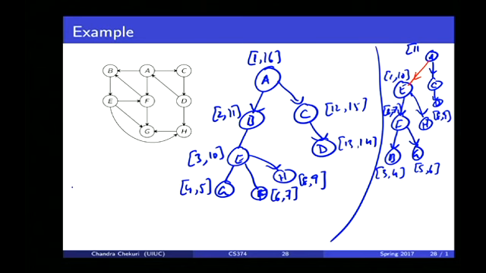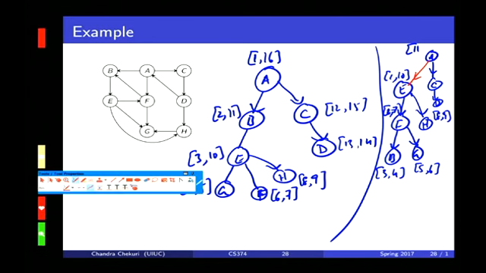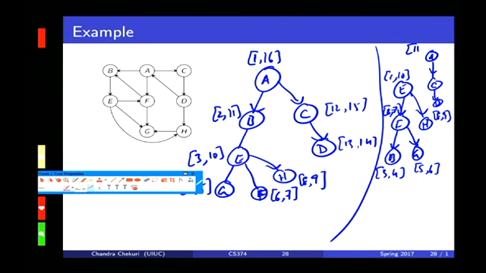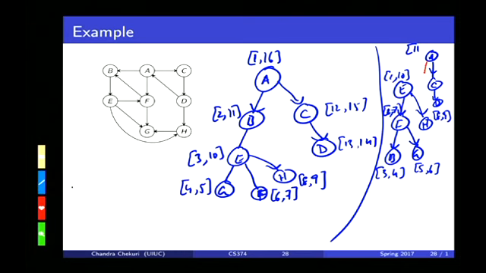Sorry, not A, B. Sorry, that is E. Not to E. So A to B. D to A is an edge, and H to G is an edge, and so on and so forth.